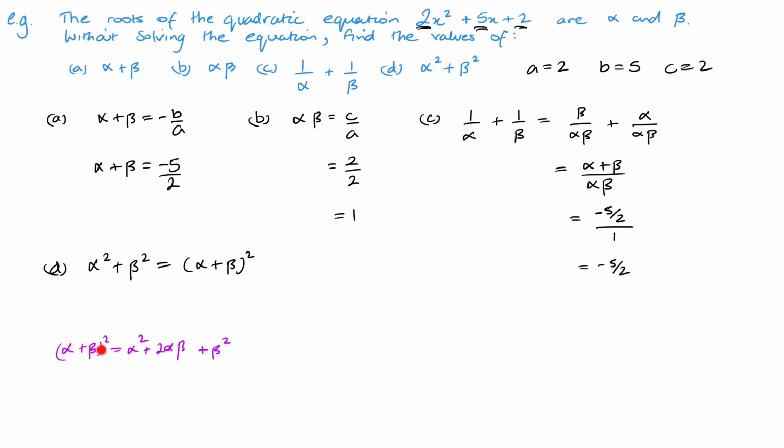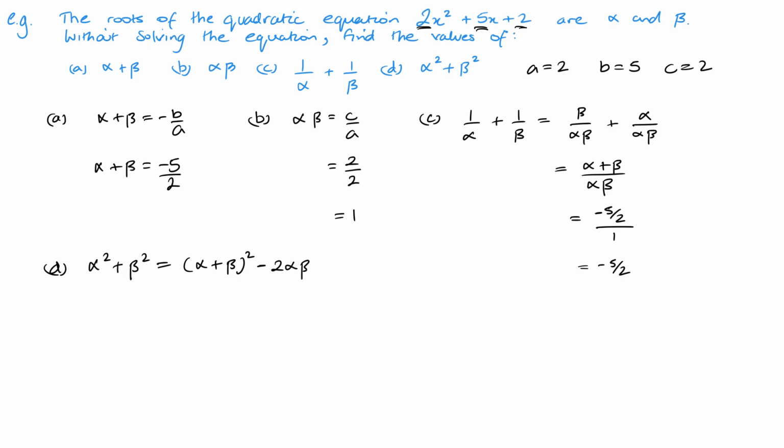So if I expand this, this is what I get, which is very similar to what I want, but I don't want this. So that is what I have to add on, well, subtract I should say, 2 alpha beta like that. Now this is exactly the same as this, it's equivalent.